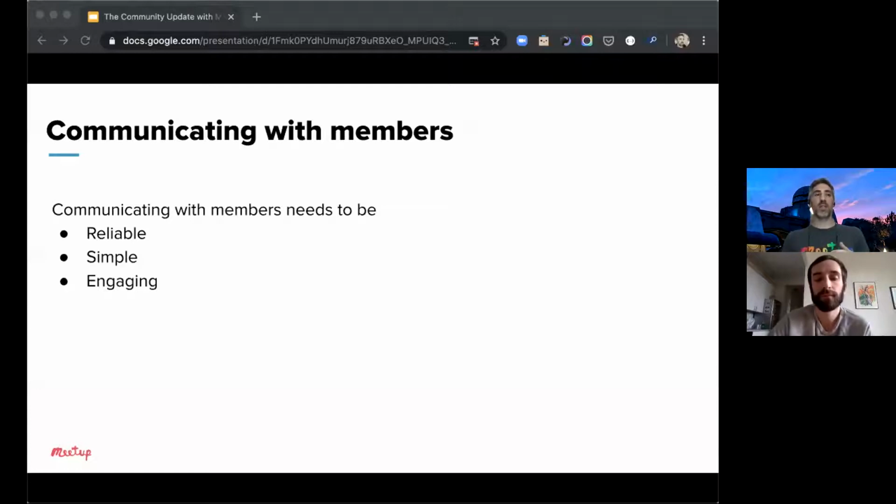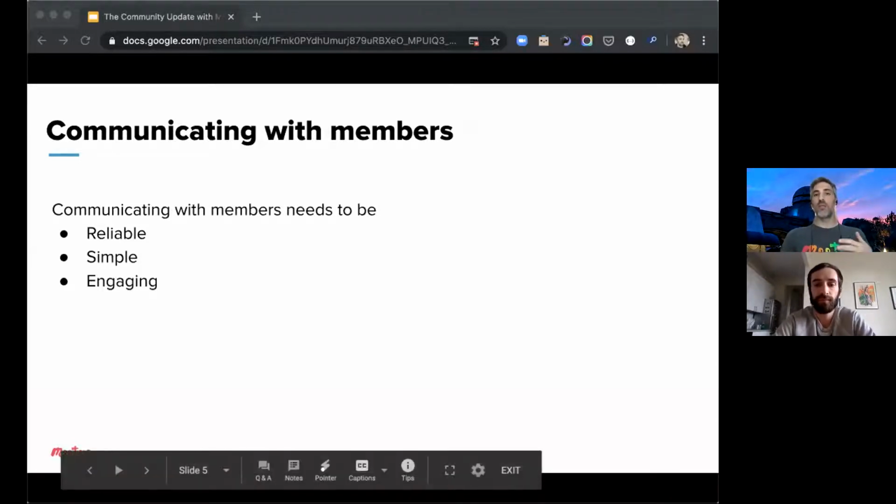If you're on the member side, sometimes it's hard to talk to organizers and know which things from organizers are important. And as an organizer, it's hard to cut through the noise and make sure certain important things get to your members, or even which tool to use for which message. Organizers overwhelmingly told us they want reliable, simple, and engaging tools, or a tool. That was really clear input, and we heard it almost universally.